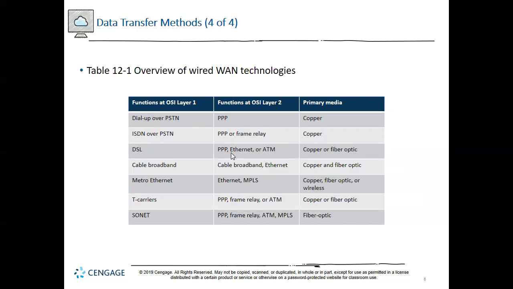Nowadays, to be fair, we've got fiber going into people's houses, and so in Qatar we wouldn't really be doing that. Dial up and ISDN, that's for old people like me to look at and say, oh yeah, back in the day. You're probably not going to come up against it too much here in Qatar.